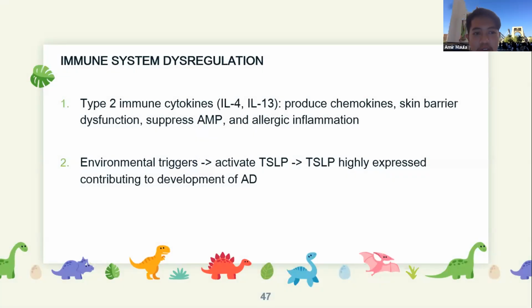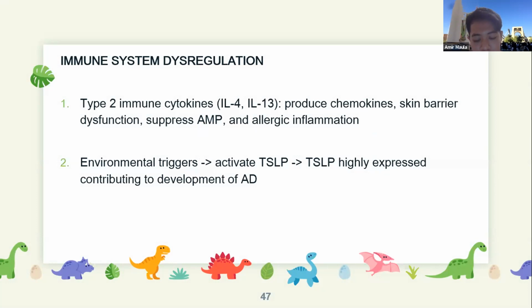And then the third factor, immune system dysregulation, is usually related to type 2 immune cytokines. Like I just mentioned, the type 2 immune cytokines, interleukin 4 and interleukin 13, play a major role in promoting the production of chemokines, causing skin barrier dysfunction, suppressing the antimicrobial peptide, and causing allergic inflammation.